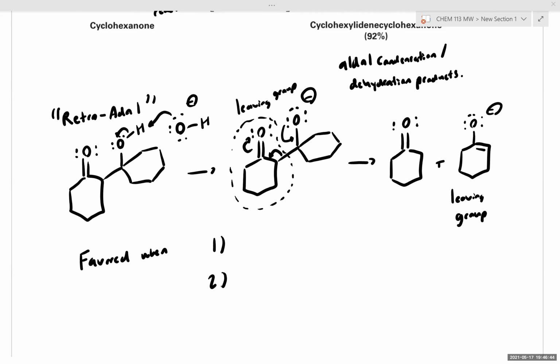So why and when is the retroaldol favored? It's based on our electrophile. And for what substrates is the retroaldol product favored? When our electrophile is what?